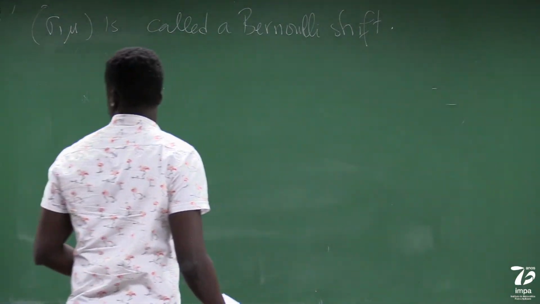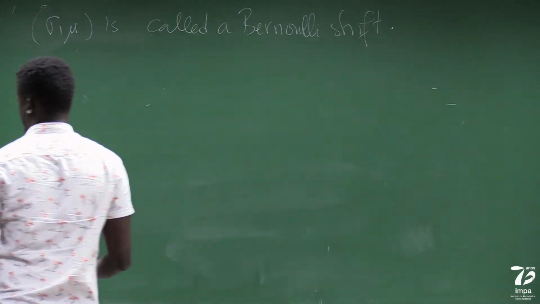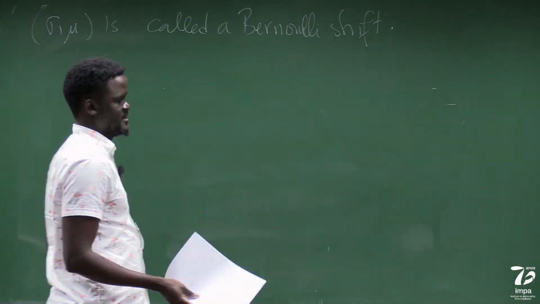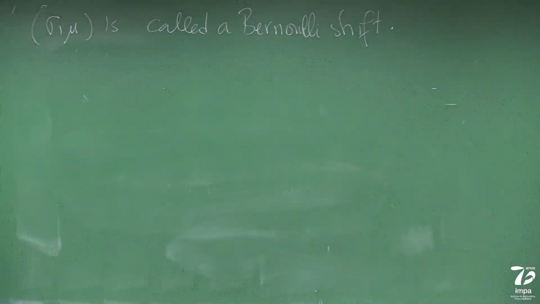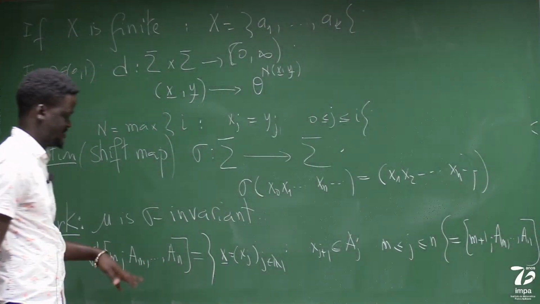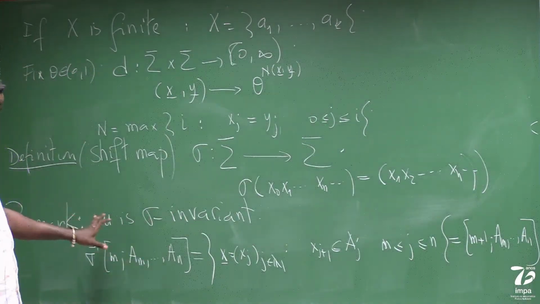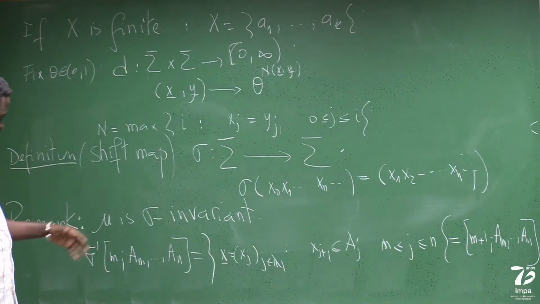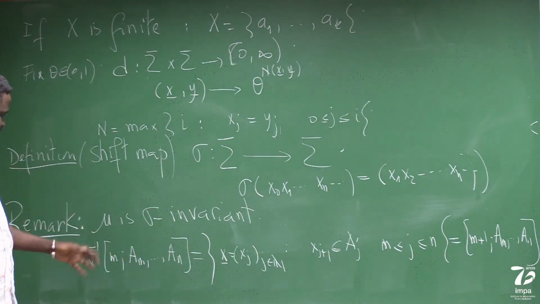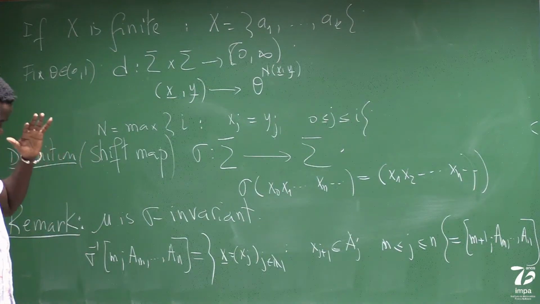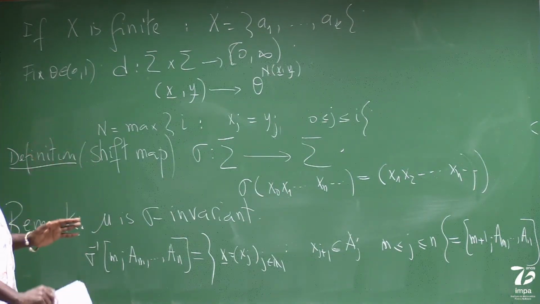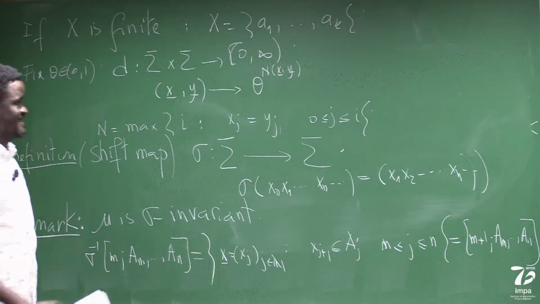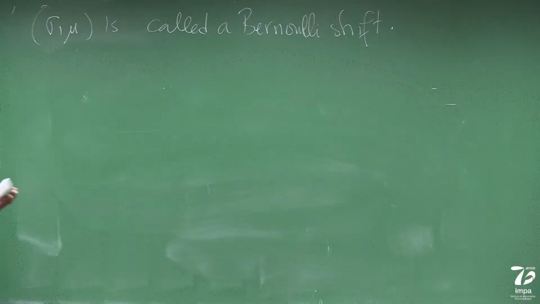To prove ergodicity here, we use nothing, we just use the definition, because everything is set so that it is invariant. Sorry, I haven't proved ergodicity. To prove invariance, we don't pay any price for that. So let's see ergodicity.